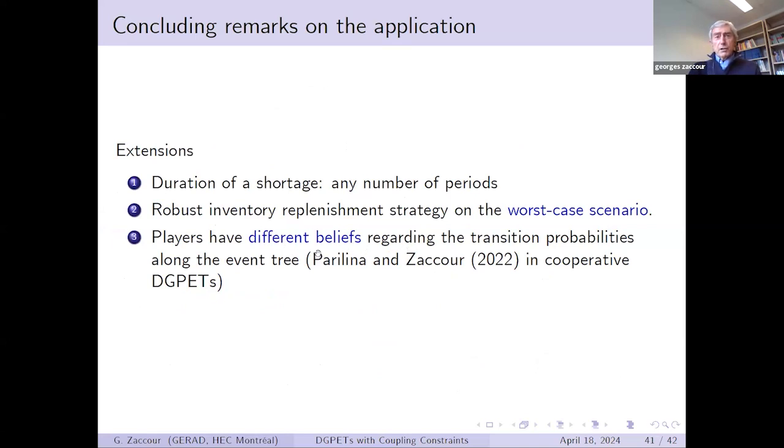And this is a case that has also been recently studied with Elena Parilina, in the case of cooperative dynamic games played over event trees. It has not yet been done for non-cooperative games, but I guess it is feasible.